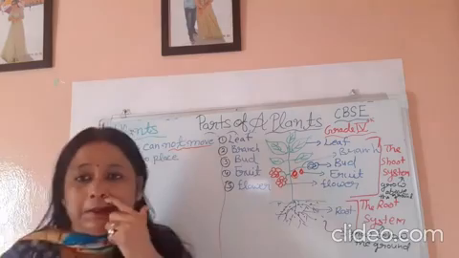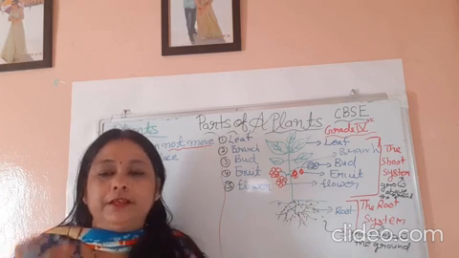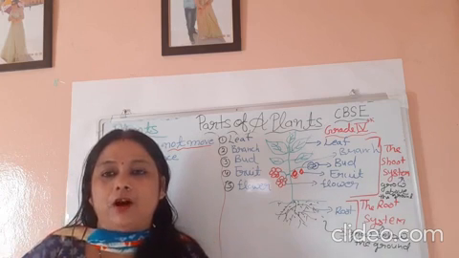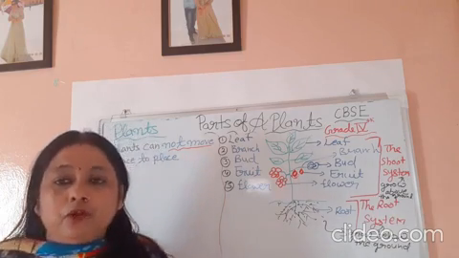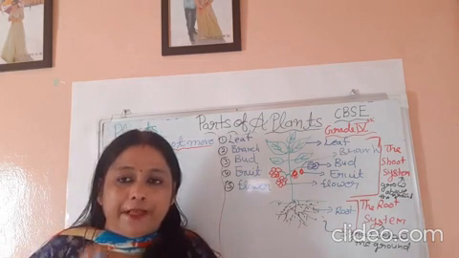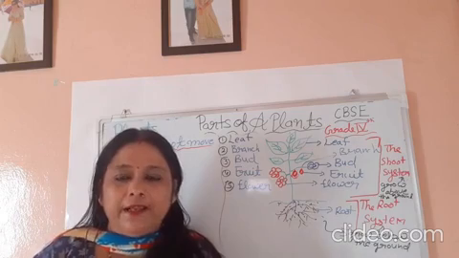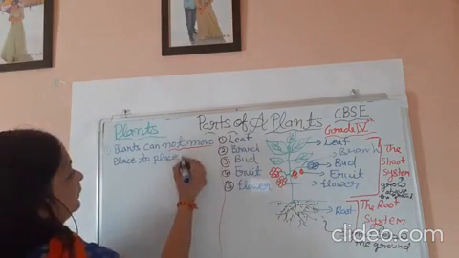But their leaves can move, because leaves catch or trap the sunlight for the process of photosynthesis. Photosynthesis means the leaves of plants are capable of making their own food.